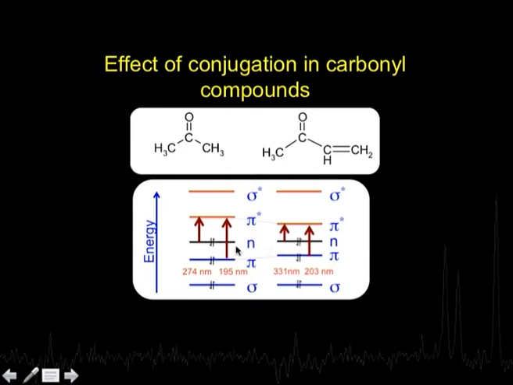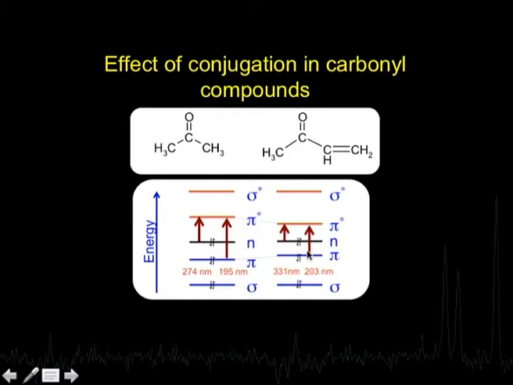As a consequence, the pi to pi star transition, which was from here to here, now has a stabler level and an increased level, so this transition will be of low energy.